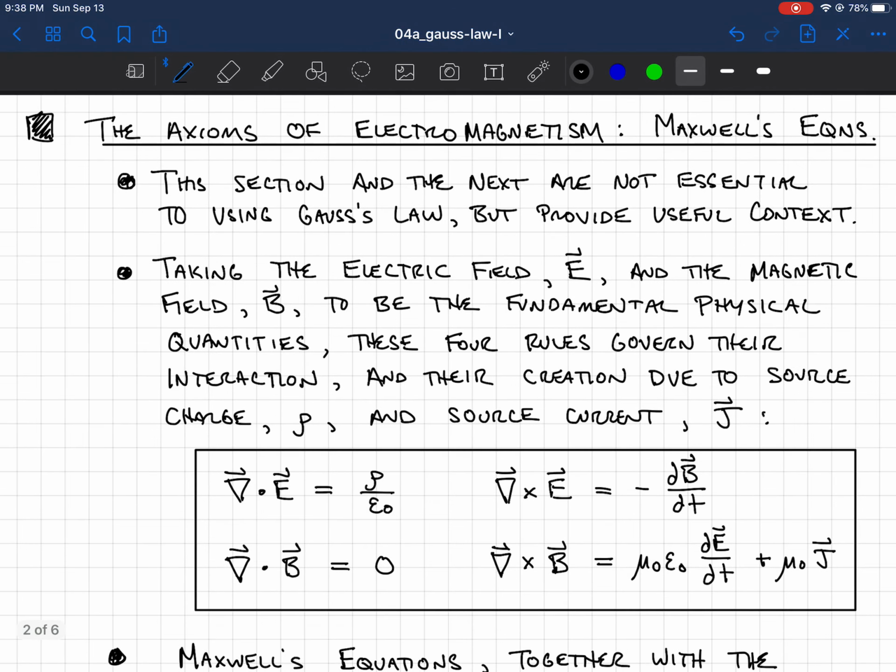So first, let's talk a little bit about electromagnetism in general. I should first mention that this section and the next are not really essential to using Gauss's law, but I think that they provide some useful context for how to use it.